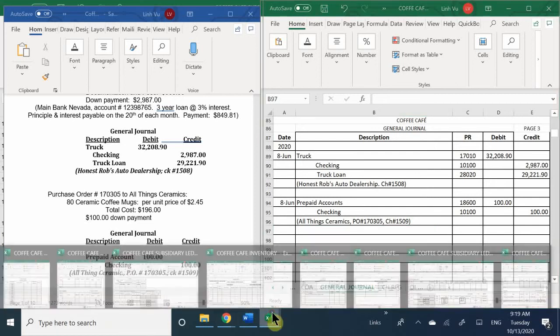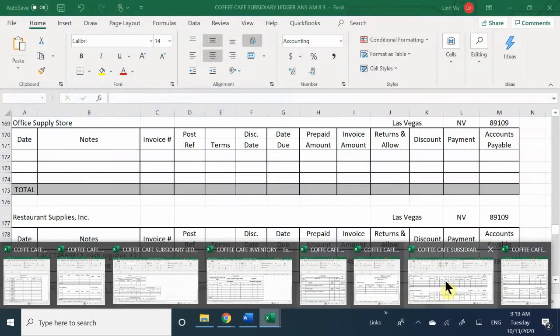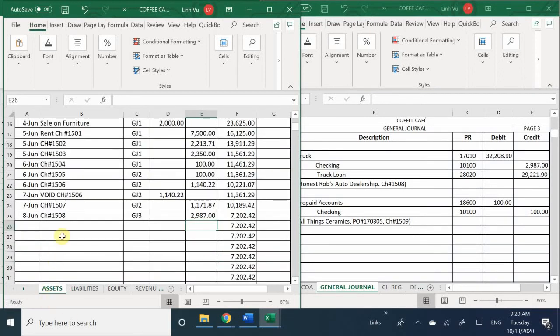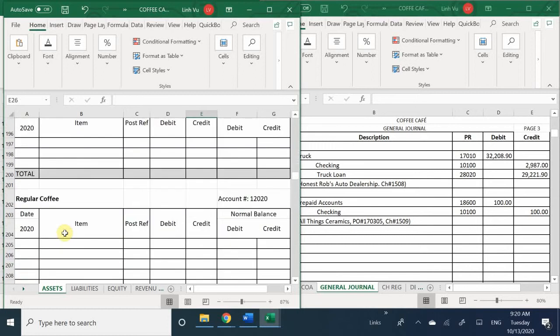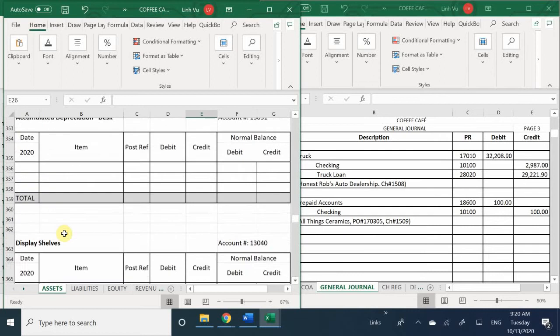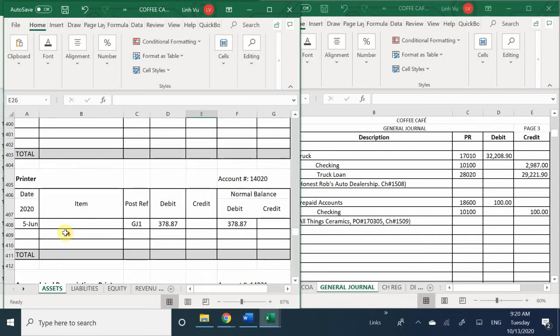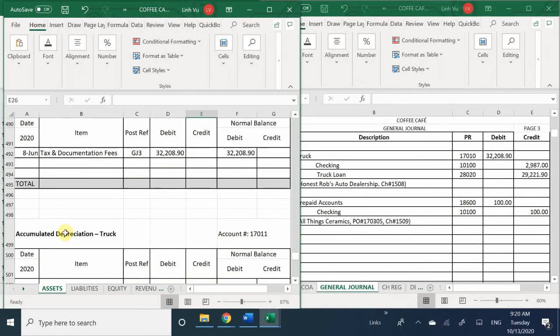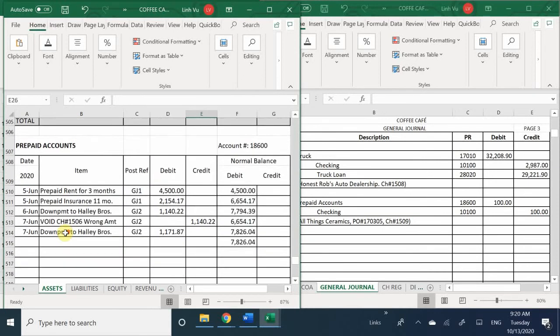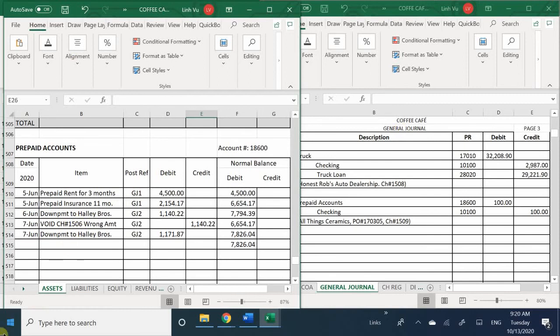So I now need to go to my ledger so I can update all that information I placed in my journal. In this case, I have a prepaid account. Prepaid accounts should be page 15 or 16 in your worksheets. Okay, so here are my deposits. Here are my prepaid accounts. I'm going to write the date.